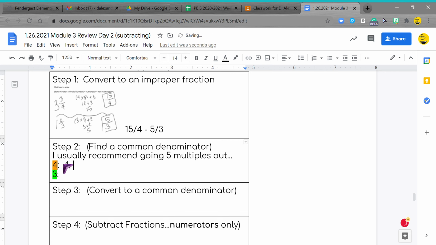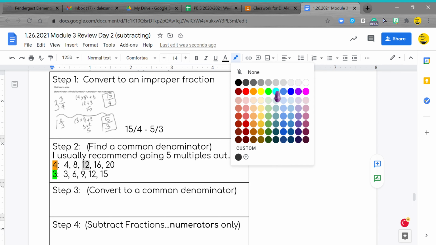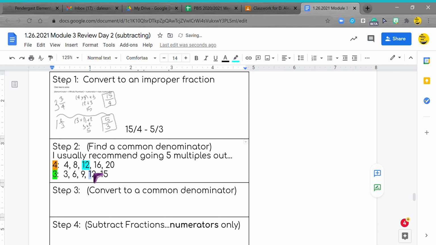Write it out if you want. If you feel you know it well enough to figure out which ones you need, go for it. I'm going to keep writing it out to make sure I'm picking the right number. So I do see that 12 is my common multiple, my least common multiple.